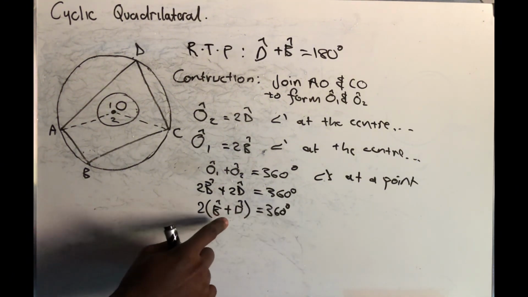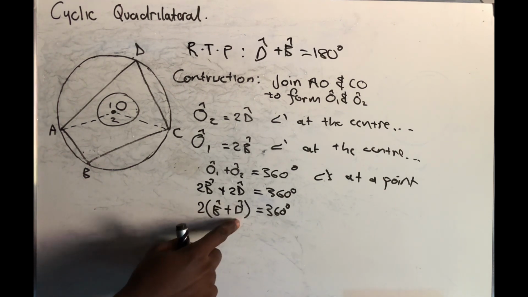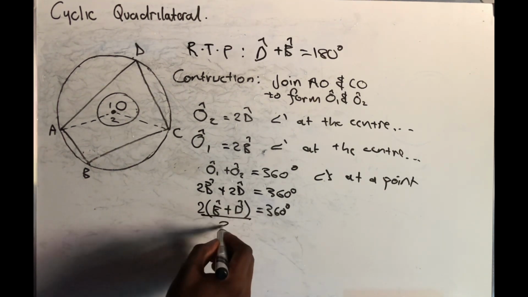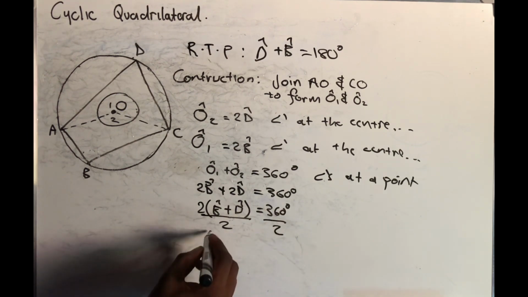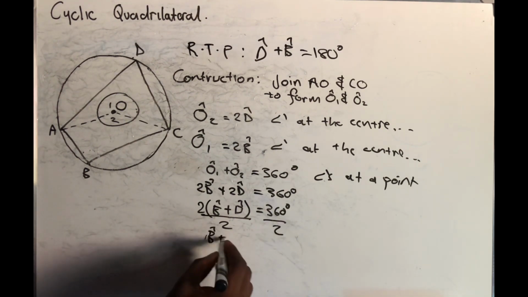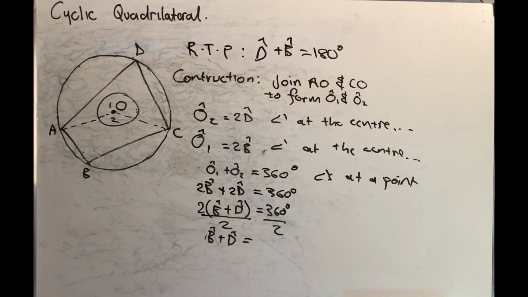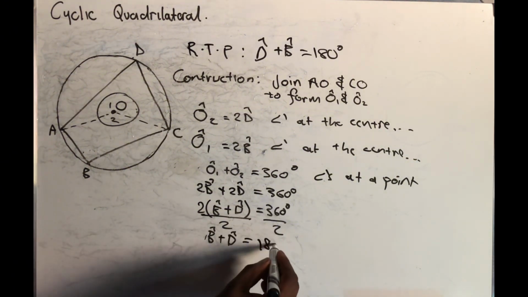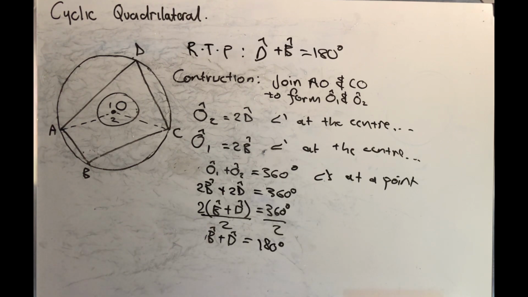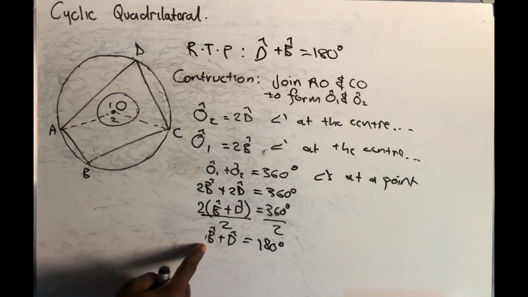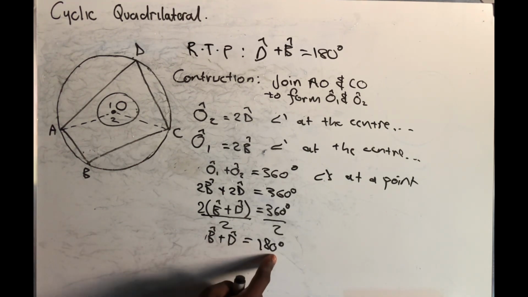But we want B plus D. So we'll divide by 2 both sides, and then angle B plus angle D is equal to 360 divided by 2, which is 180 degrees. So you have proven that angle B plus D is equal to 180.